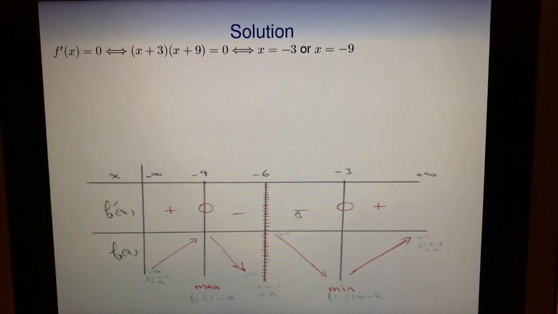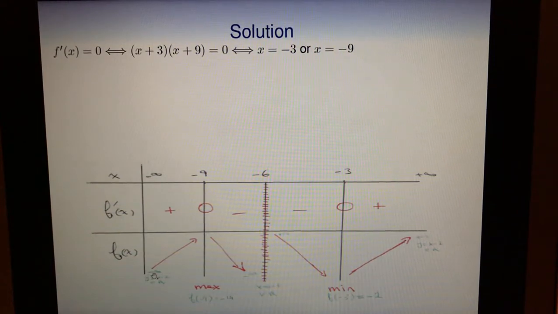So the sign of f prime of x in this interval, when x is between -6 and -3, is negative. When f prime of x is positive, f of x in the interval between -infinity and -9 is increasing. Increasing from what values? In the last video, we found the limit when x tends to -infinity, and the answer was -infinity.